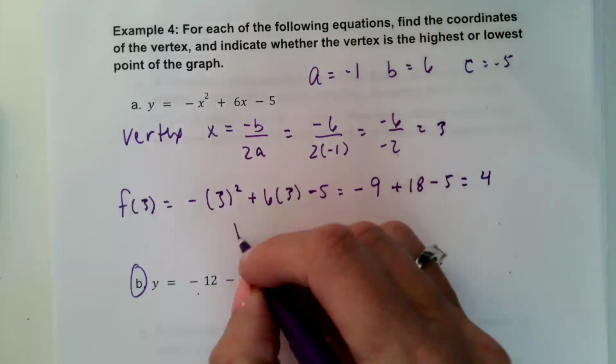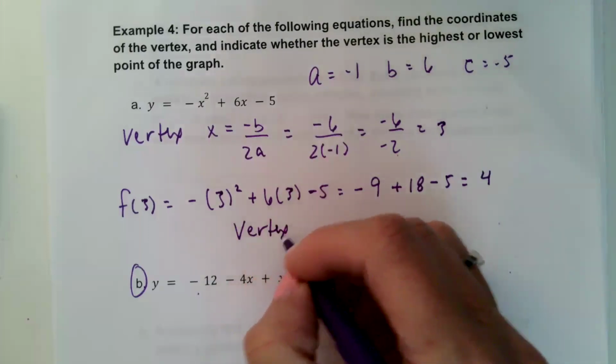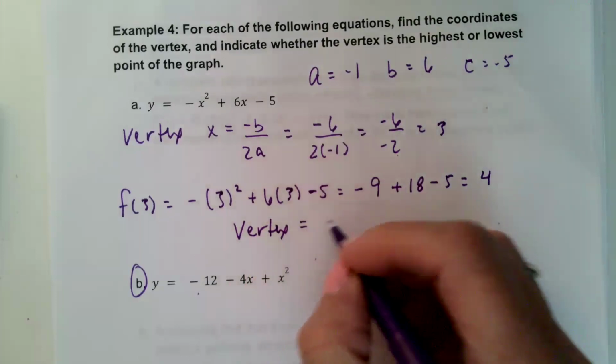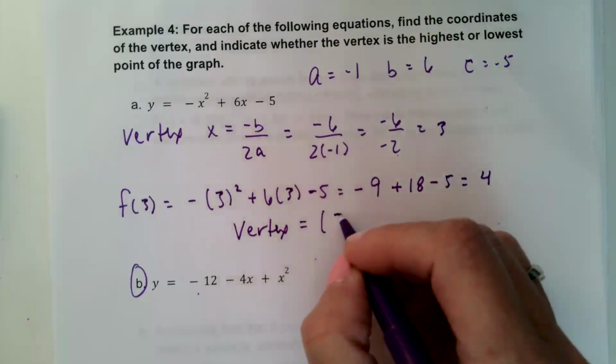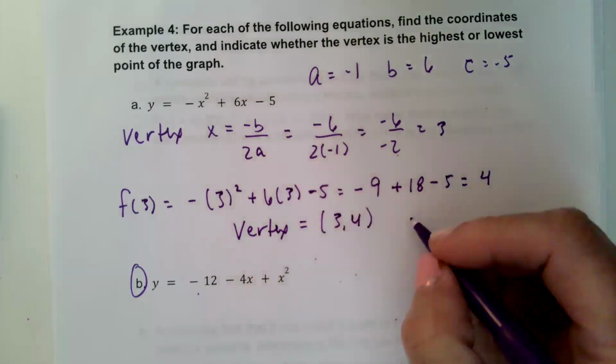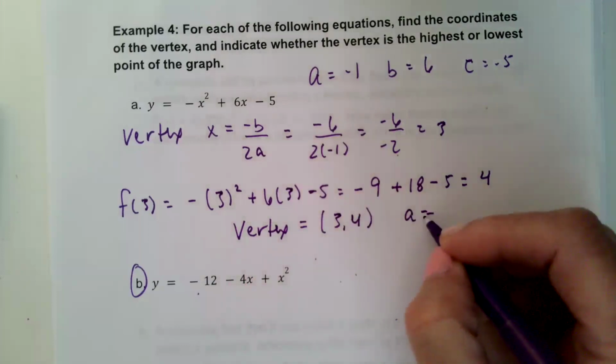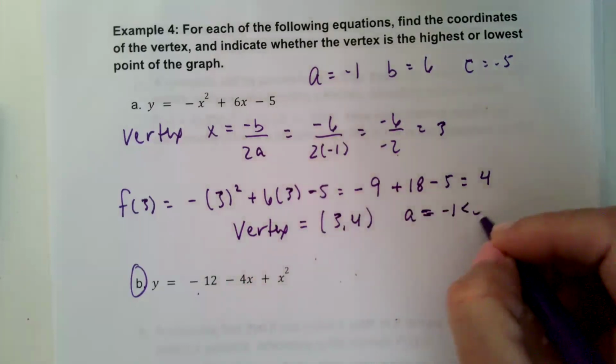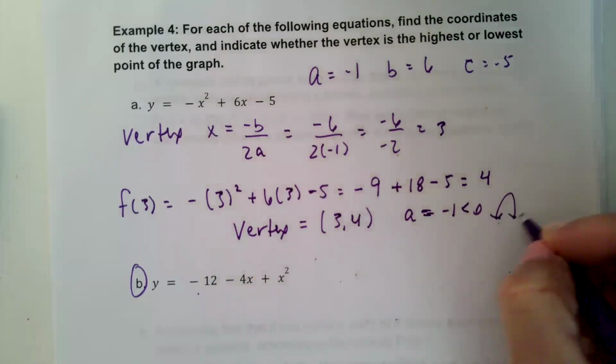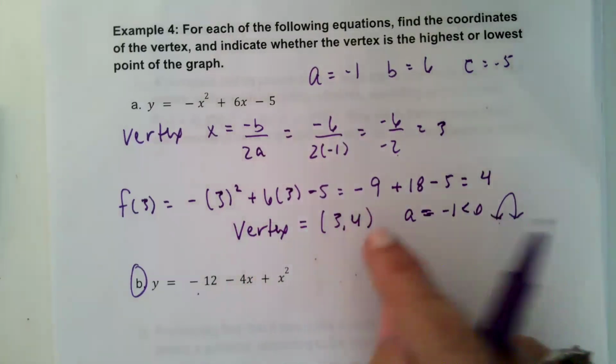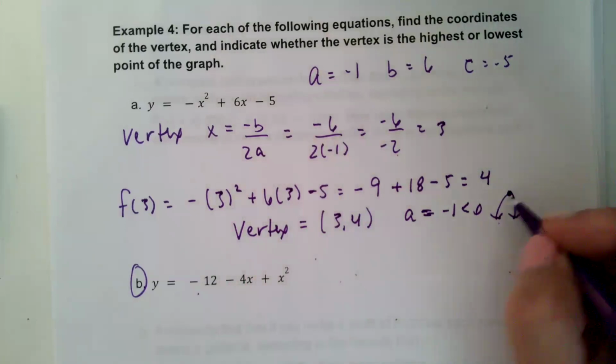So my vertex is equal to (3, 4). And A is -1, less than 0, so it's face down. So my vertex is the maximum point.